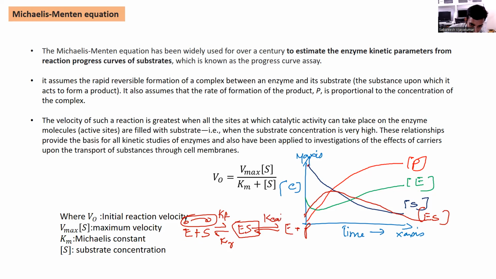This is the k catalytic, or the catalytic rate constant. This is a single direction, a single kinetic rate of reaction forming the enzyme and product. So the enzyme is separated at the end of the reaction.